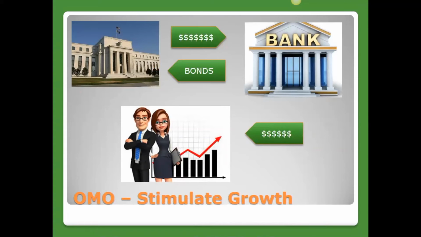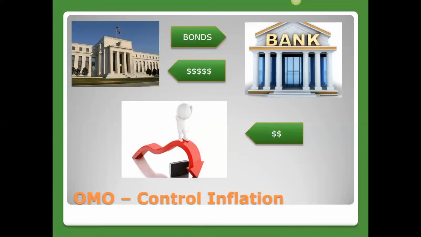And same thing with individuals, they can borrow money at a cheaper rate, and they can then put that money back into the economy. So the whole purpose of buying securities by a central bank is to pump money into the economy to stimulate the economy. And this is what we have been seeing since the financial crash. Central banks have been pumping money into the economy.